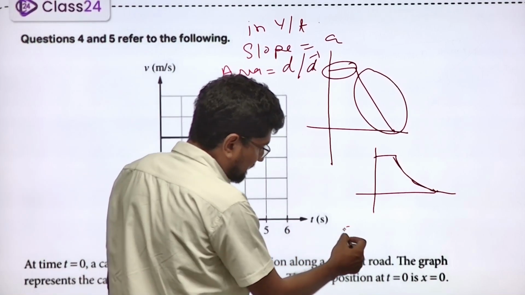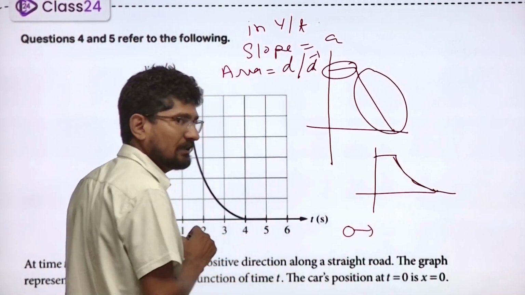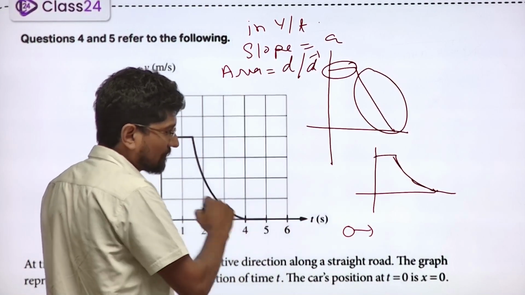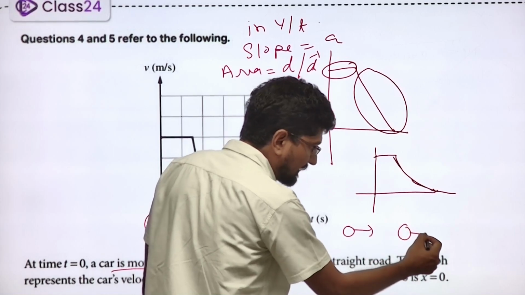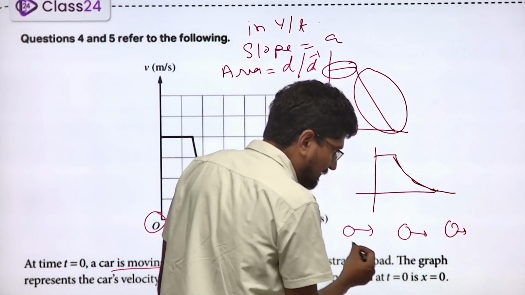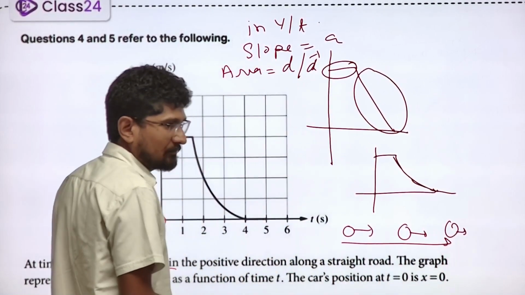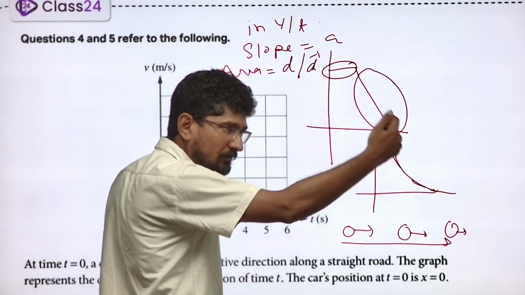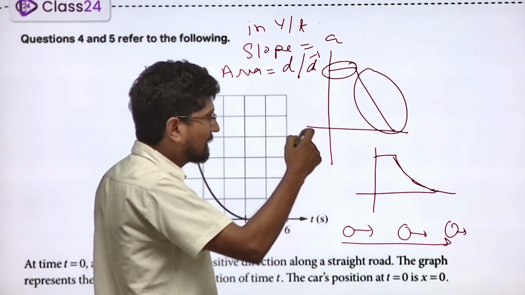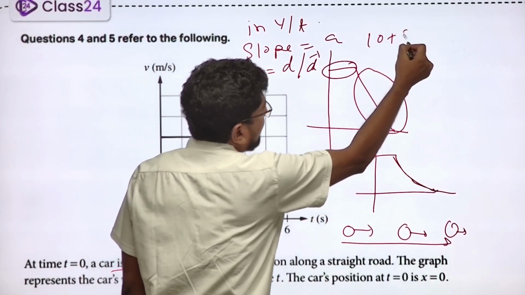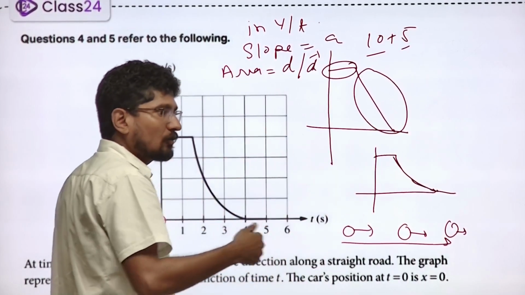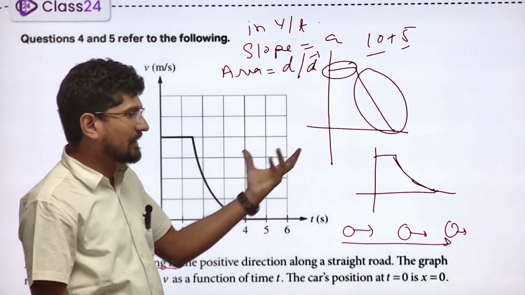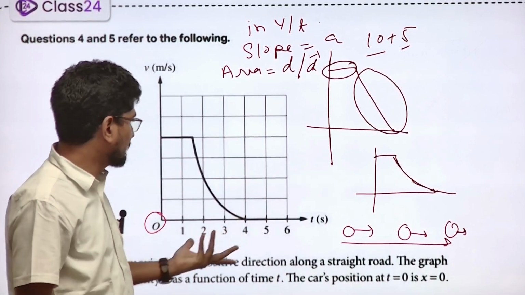The direction of velocity is not changing in the graph, the speed gradually decreases, but the particle moves in the forward direction. For example, in 1 second I am moving with a speed of 10, in the next 1 second with a speed of 5, but I am adding to the distance. So distance always increases.